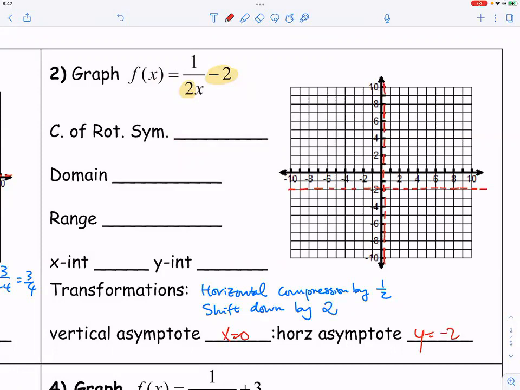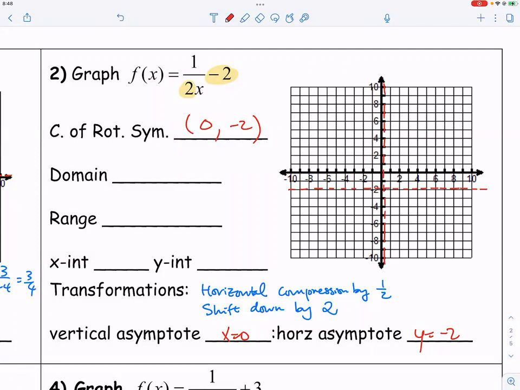Now, one good practice is that as you write down this information or draw these features, you finish them all together. It allows you to spot mistakes if you make any. Because of this, we know where the 2 asymptotes meet together, and then we can tell the center of rotational symmetry.